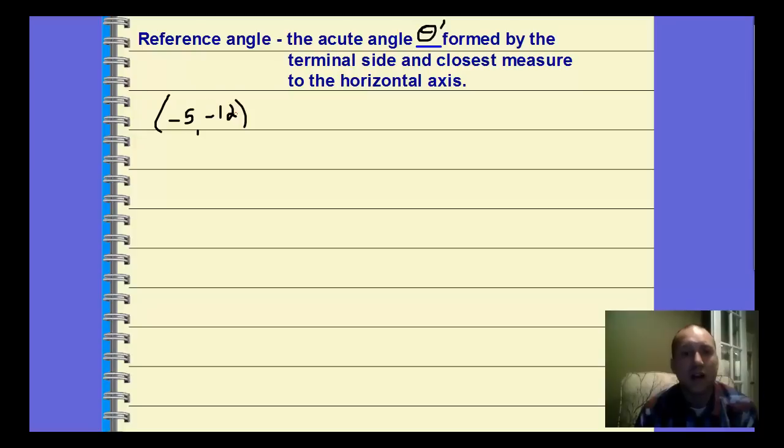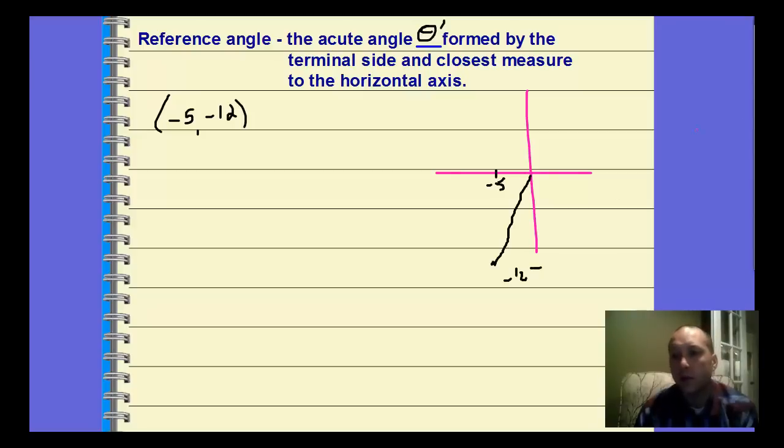So if we're trying to find our 6 trig functions, or actually we'll just do sine, cosine, tangent for (-5, -12), make a drawing. I mean, really, it comes down to drawing our triangle. So where is (-5, -12)? -5 is over here. -12 is way down here. So we have this point. Here would be our r value.